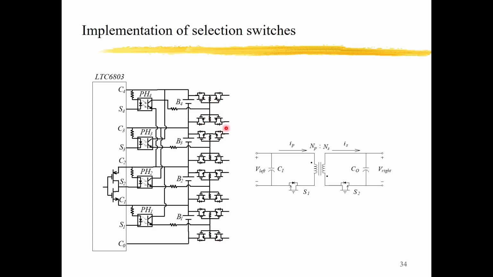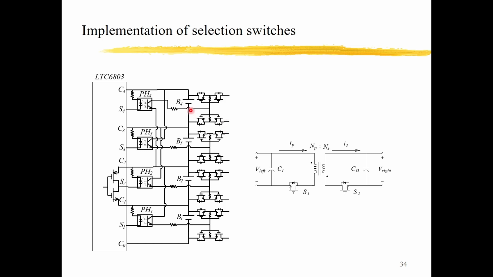For the switches, inside the circuit there are several switches, and one of the problems you have to think about is how to drive the switches. Okay, how to drive the switches.